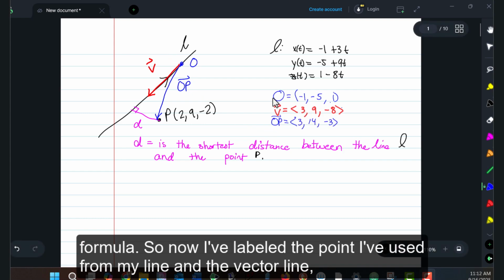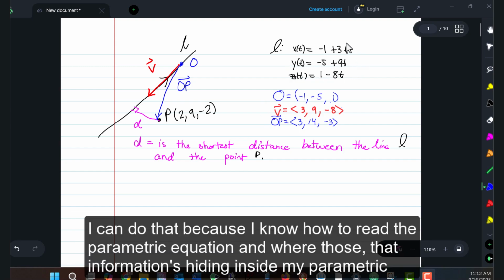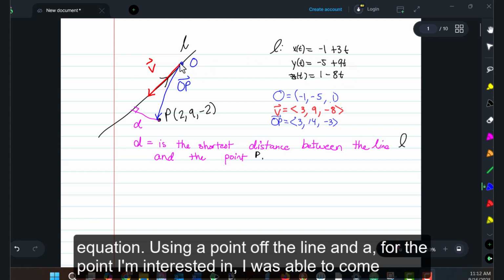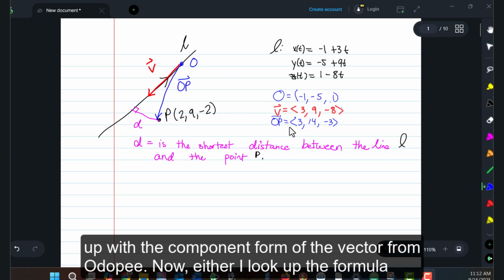So now I've labeled the point I've used for my line and the vector of the line. I can do that because I know how to read the parametric equation and where that information is hiding inside it. Using a point on the line and the point I'm interested in, I was able to come up with the component form of the vector from O to P.